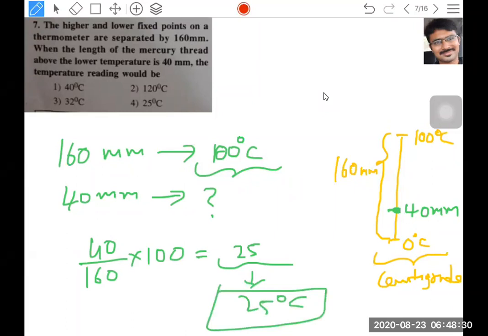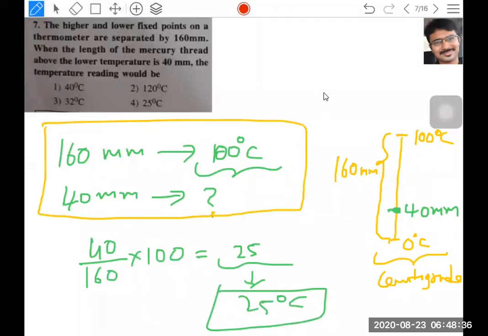How to calculate? I think you understood now. Very simple. For 160 millimeter, we noted 100 degrees centigrade. For 40 millimeter, 160 millimeter corresponds to 100 means 40 millimeter corresponds to 25 degrees centigrade. Like that, we can solve this problem. I hope you are clear with this question now.